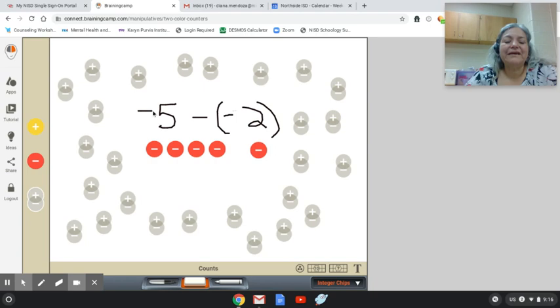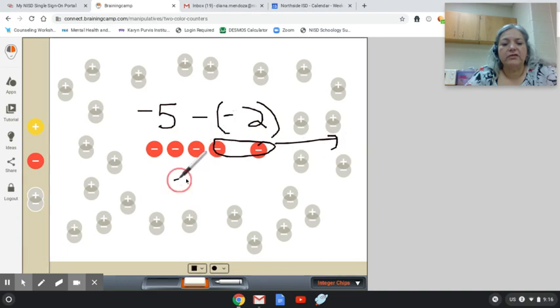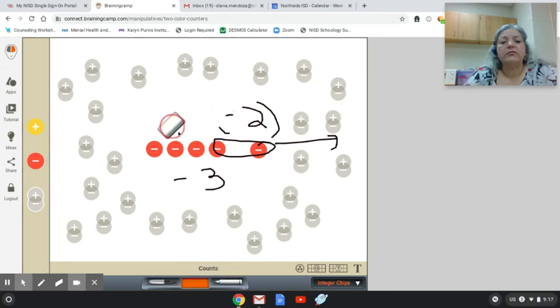So I'm going to take away 2 negatives. So that means I could take away these 2 negatives. So I'm left over with 3 negatives. So that's my value. Okay. So when you're able to do that, then you just take it away.